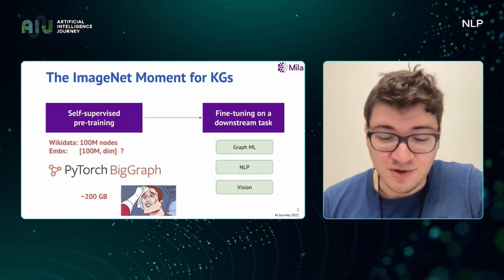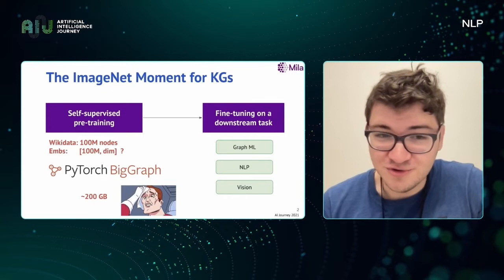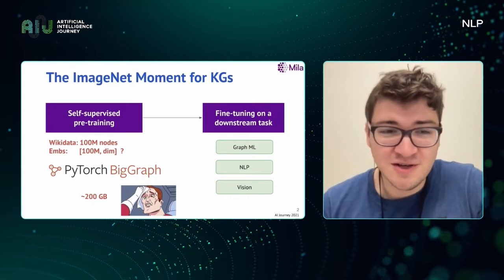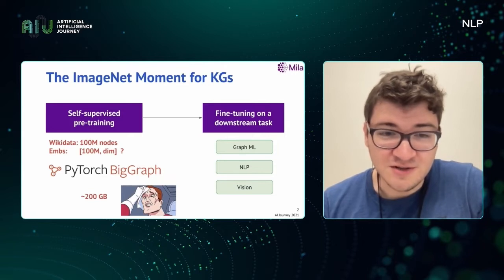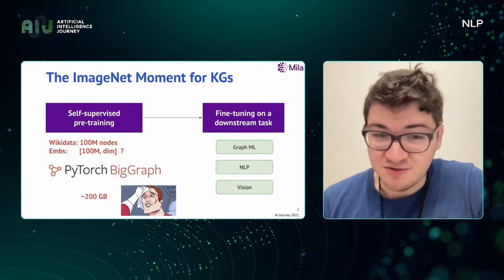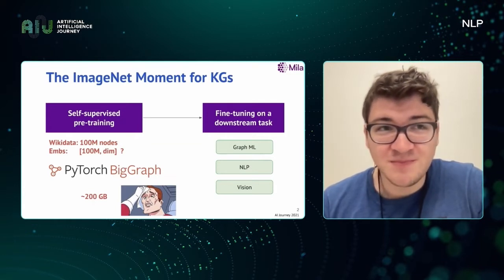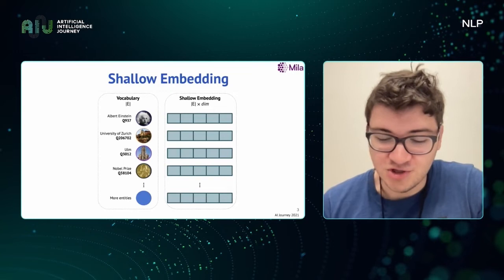When we begin working with big graphs, normally they are embedded by node according to structure. So for medium-size graphs, these embeddings take around 200 gigabytes and are quite cumbersome to process. Also, from a practical viewpoint, turning it into production becomes quite expensive.